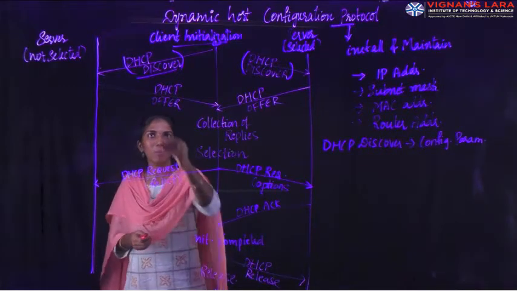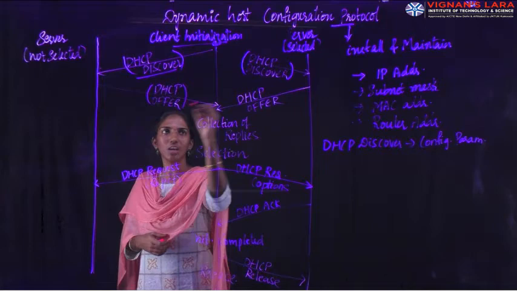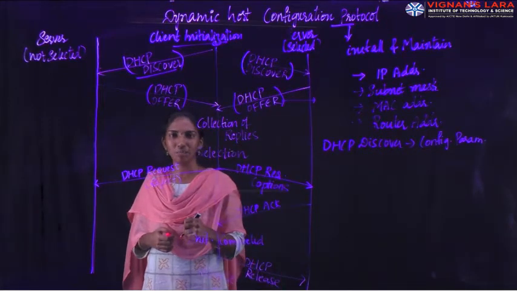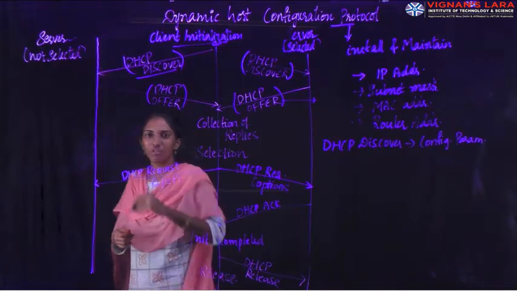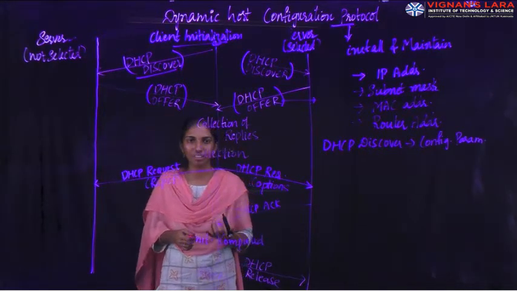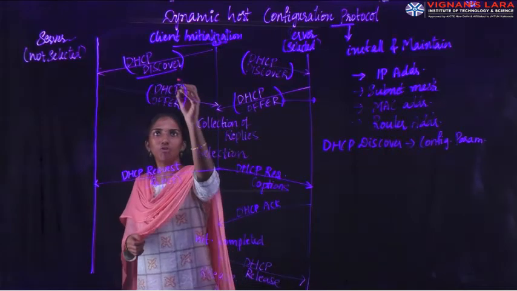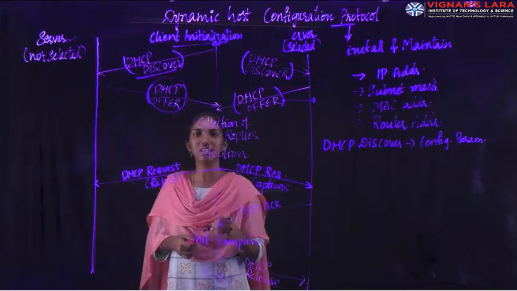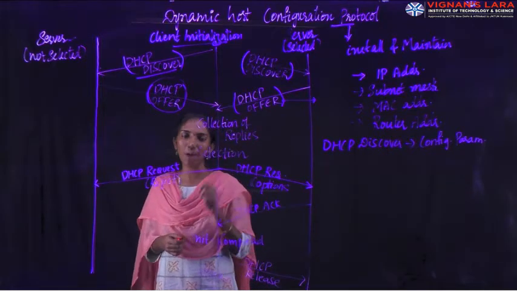So the servers are going to respond with a DHCP offer packet. What does this packet contain? The server configuration parameters, that is, the configuration of that server. Based on the configuration sent by one server or the collection of servers, the client is going to choose the apt configuration.